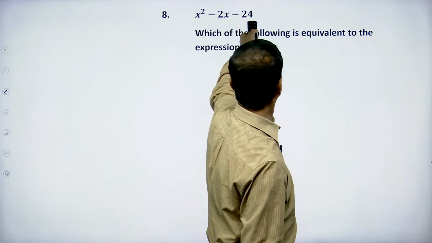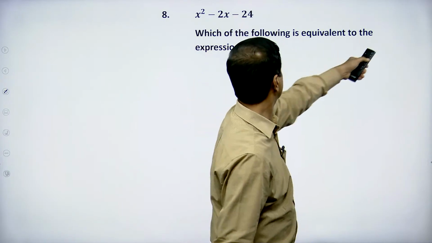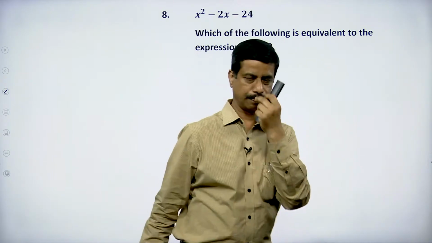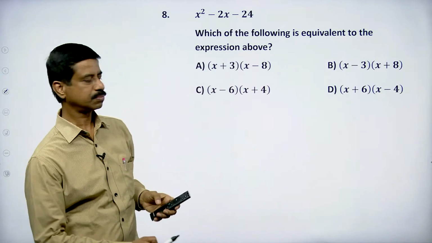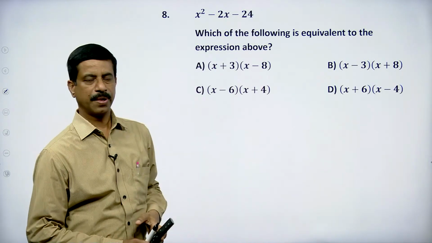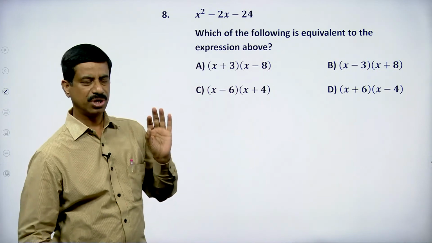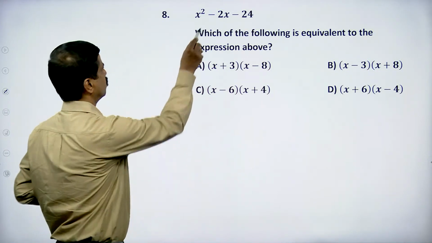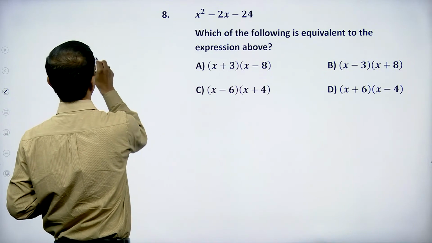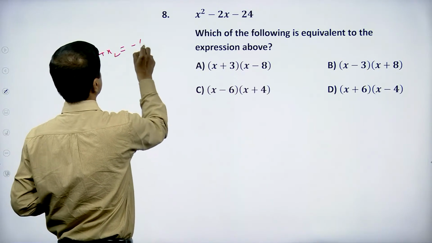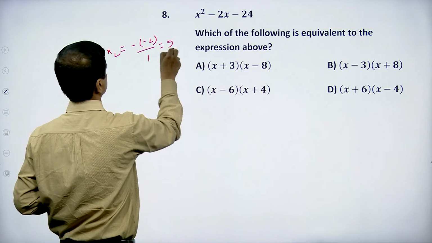X square minus 2x minus 24, which of the following is equivalent to the expression above? So now look at this. See, first and foremost thing, if you take sum of roots, it is minus b by a, that is 2.